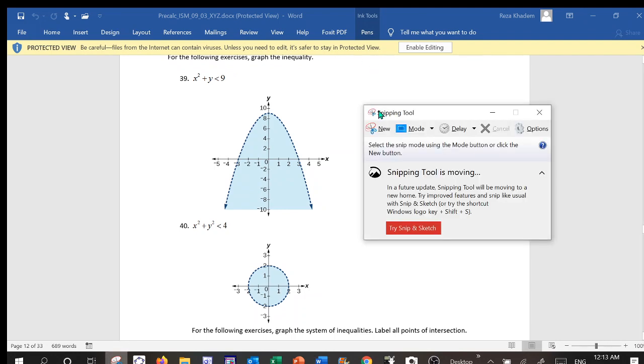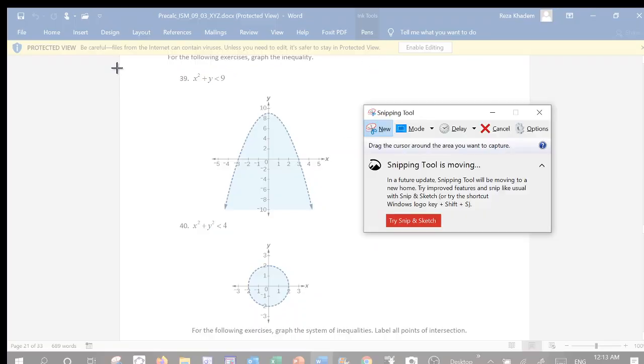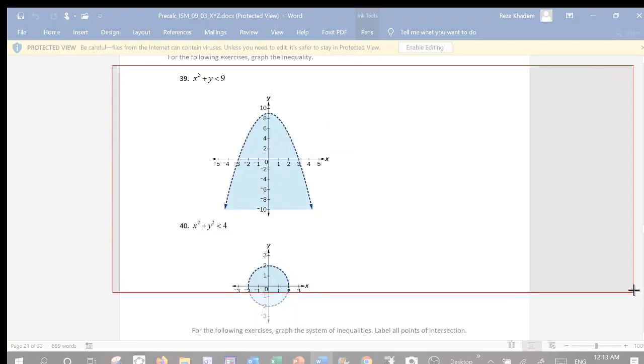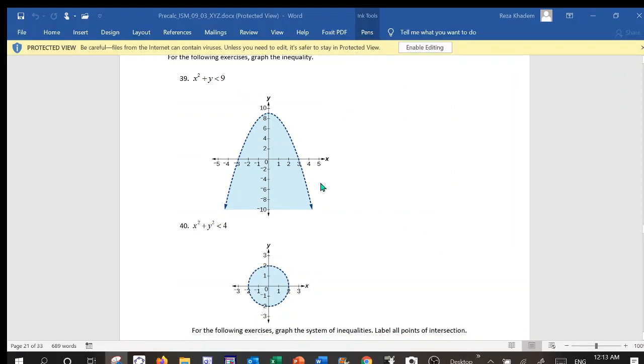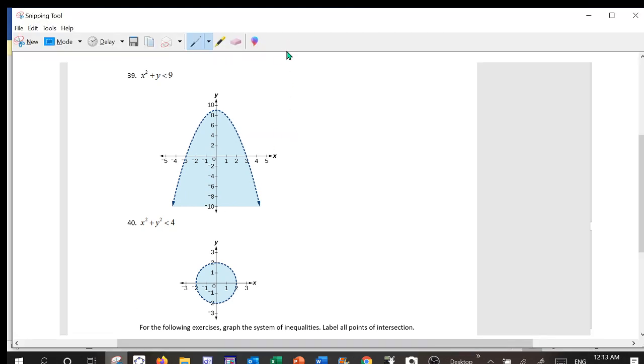So again, how do we do it? Well, let's get this one. You can do both of these actually. Where did it go? I lost it. Oh, here we go.